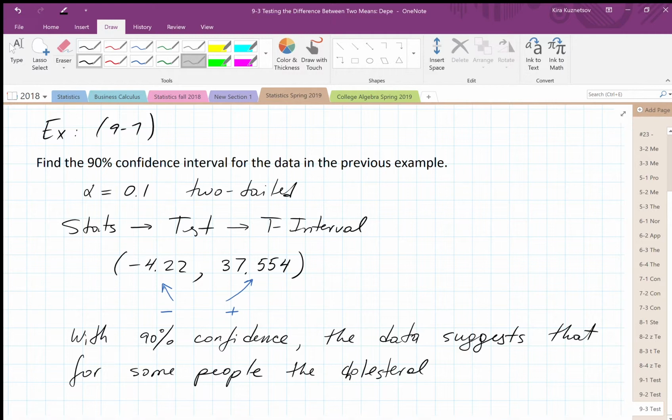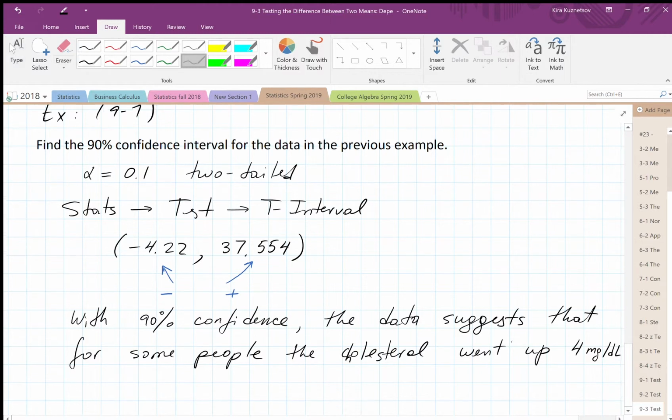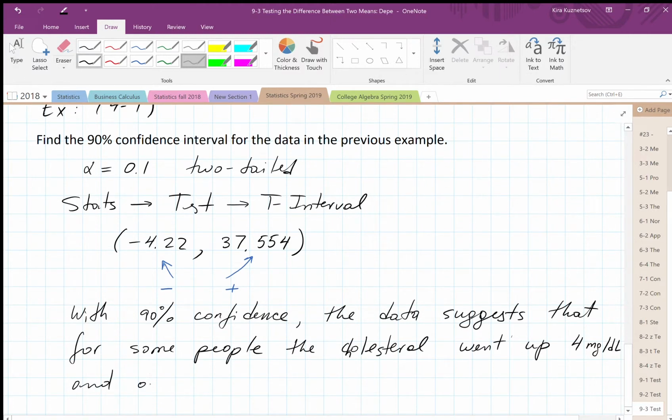Okay, so in some people the cholesterol went up 4 milligrams per deciliter, and others went down by about 38 per deciliter.